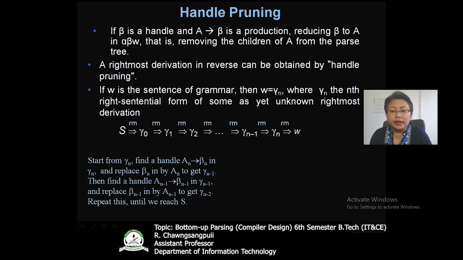Then in the next step we find the handle A n minus 1 can have the form beta n minus 1 which is in gamma n minus 1, and we replace that beta n minus 1 by A n minus 1 in order to get gamma n minus 2. We repeat these steps till we get the start symbol S.